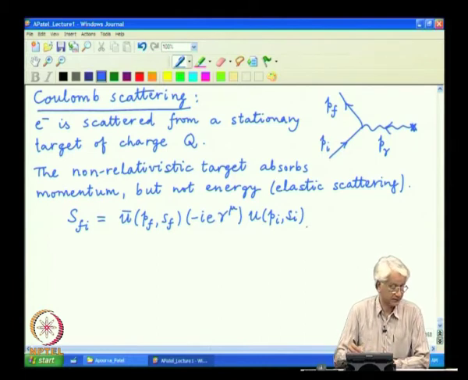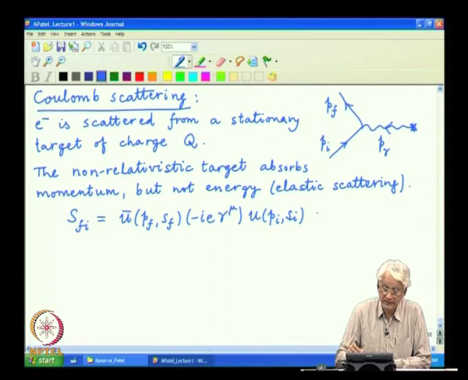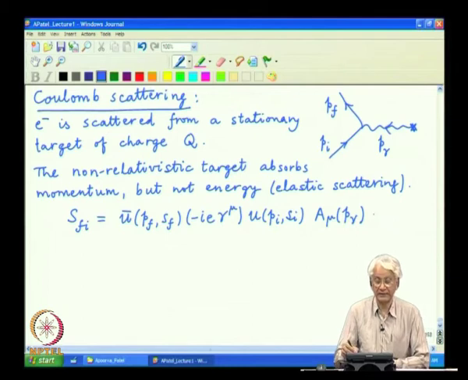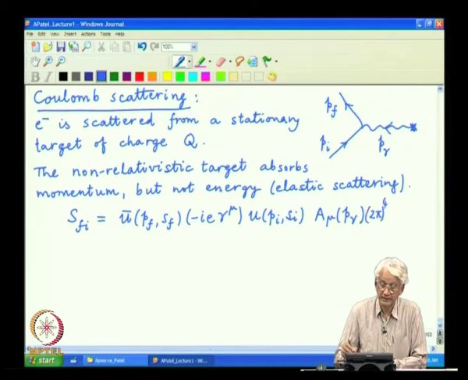So, that is what we have used here, and in addition to that, there is now a wave function corresponding to this virtual photon. It is not a plane wave photon. So, we have to determine what exactly this wave function is from the description of Coulomb potential, and then there is a usual constraint, which is the momentum conservation.